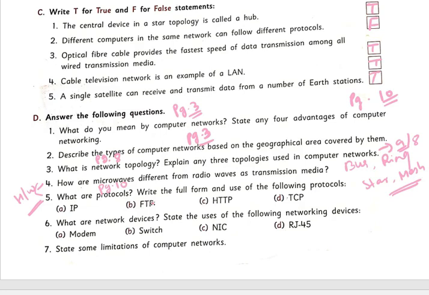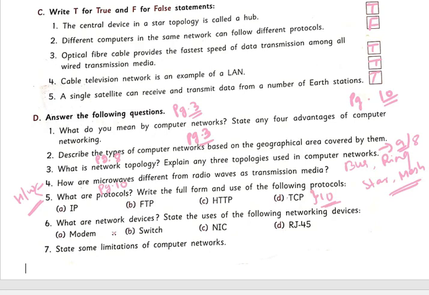There are many protocols: internet protocol, IP; FTP, file transfer protocol; HTTP, hypertext transfer protocol; and TCP. You have to write the full forms. What was the full form of TCP? It is the transmission control protocol. You will find all the answers in page number 10.